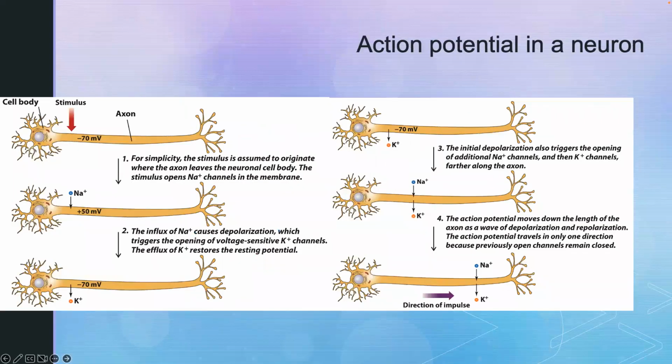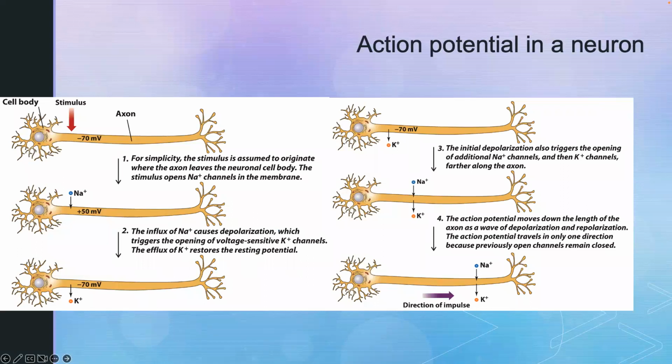One example of this is how neurons fire. You can see membrane potentials changing and causing an electrical signal that can be passed to other neurons. You can have a stimulus, and that stimulus will then open a sodium channel in the membrane of the neuron. That influx of sodium will cause a depolarization, which triggers the opening of a potassium channel.